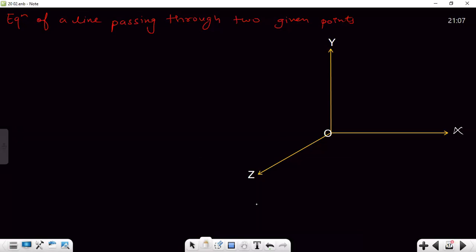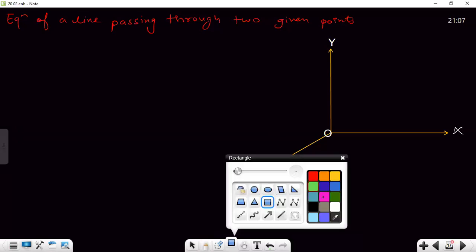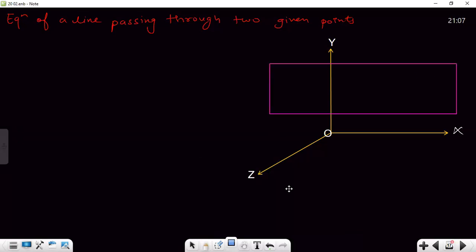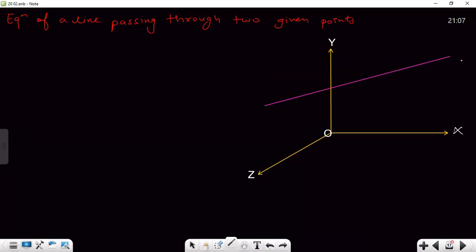Okay, so there's a straight line, and two points are there on this: x1, y1, z1 and x2, y2, z2. These are the two points given.